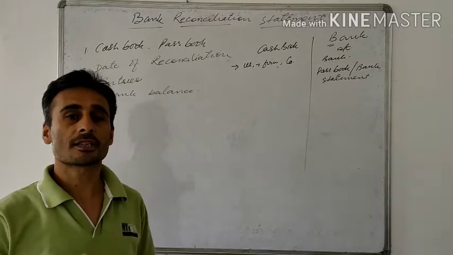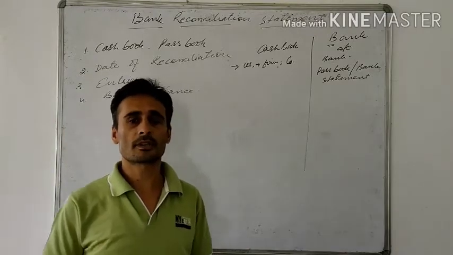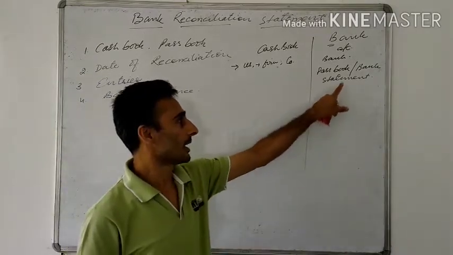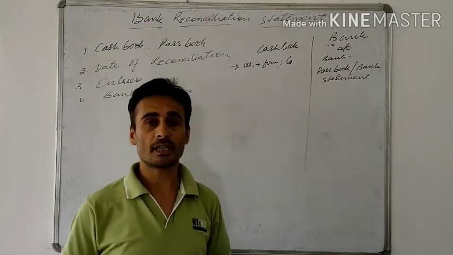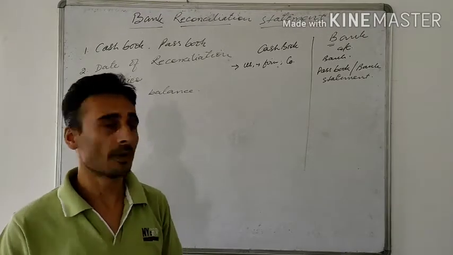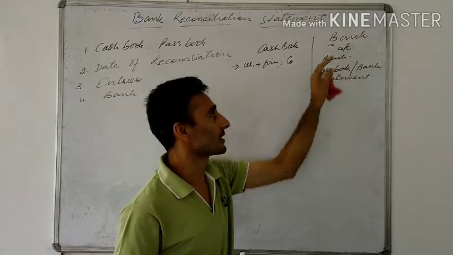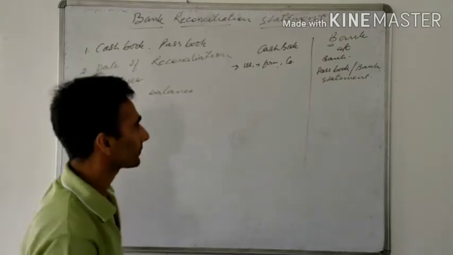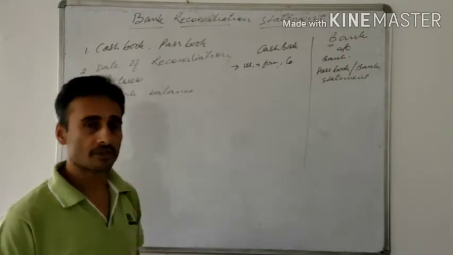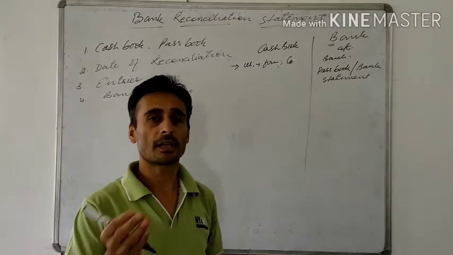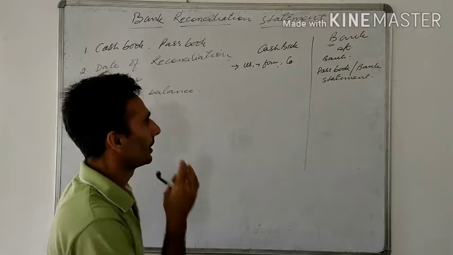If you get a detailed statement from the bank in a piece of paper, then that is a bank statement. And if you are getting the detailed statement in a book form, then that is called passbook. So this passbook or bank statement is maintained by the bank for the transaction that is taking place with the bank and the company or the firm.